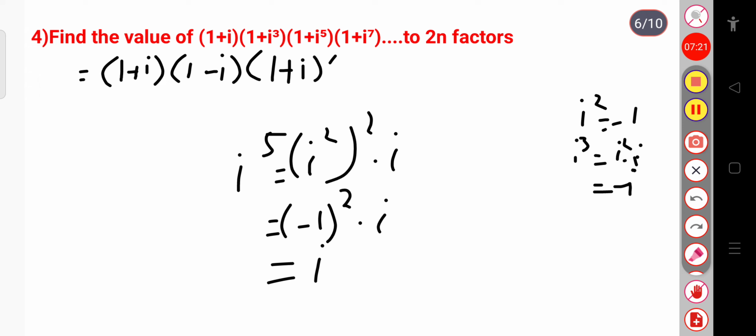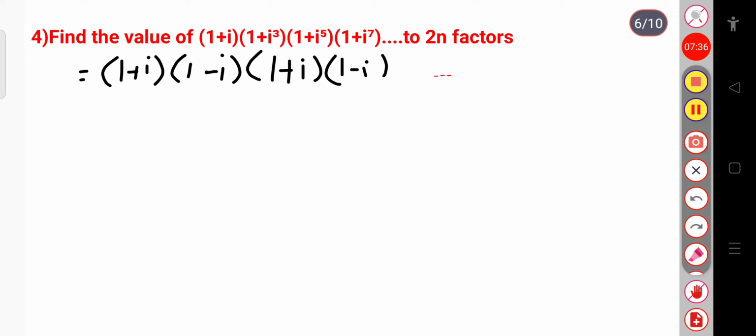Similarly, for 1 plus i to the power 7, I can write i to the power 5 into i squared. i to the power 5 is i, into i squared which is minus 1, so this will be again 1 minus i. Clear? And this will continue up to 1 plus i into 1 minus i. Okay.